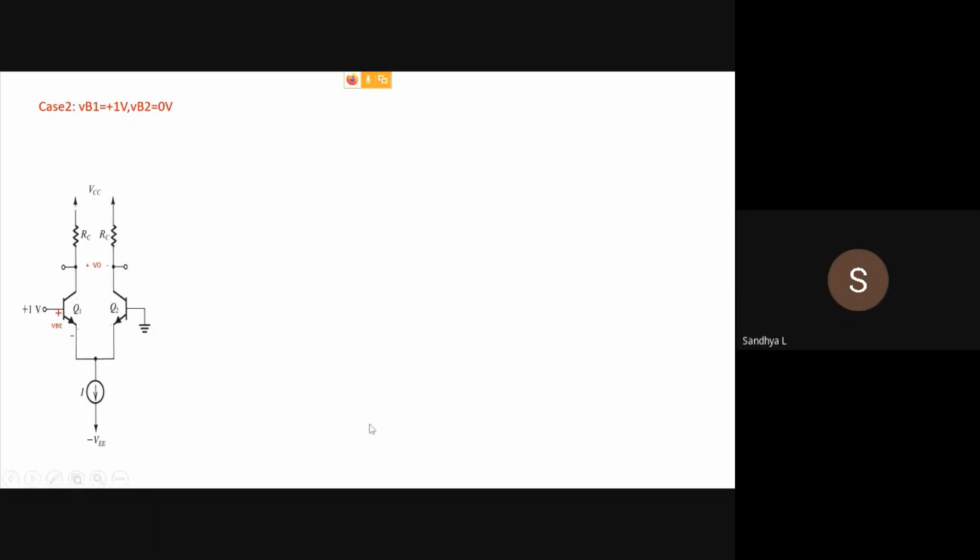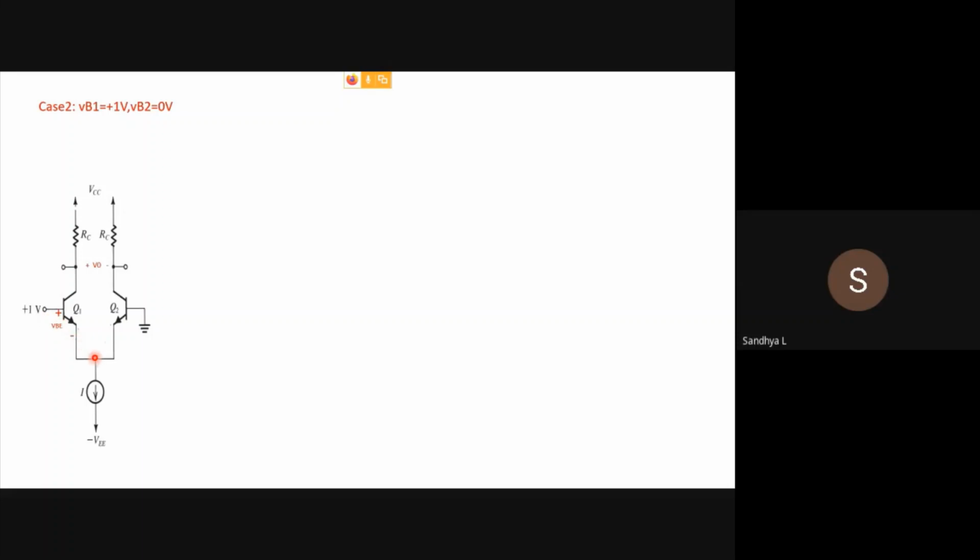So the base emitter voltage of Q1 is 0.7, and we are for now assuming that minus VEE is at ground potential for ease of explaining. So this is 1 volt, this is 0.7 volt. Now if you take the KVL in this particular loop, you can say that it is 1 minus VBE minus VE.